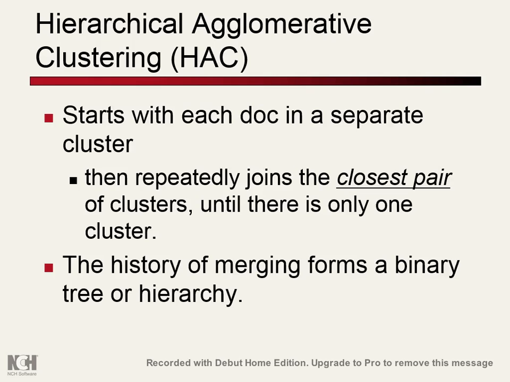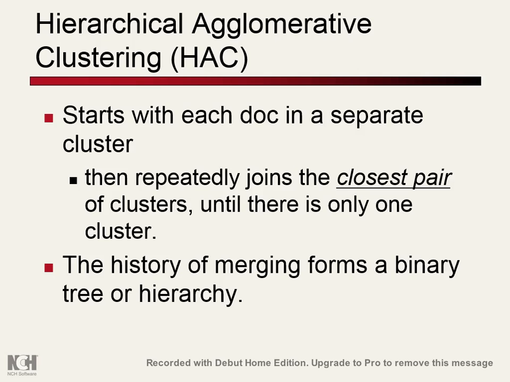Here is another approach called agglomerative clustering. We usually abbreviate it as HAC, hierarchical agglomerative clustering. It's a bottom-up approach. In this approach, we start with each document in a separate cluster, so each document is a cluster itself.